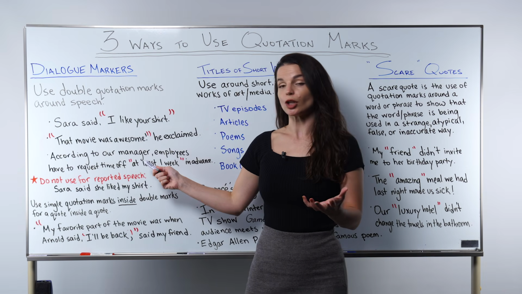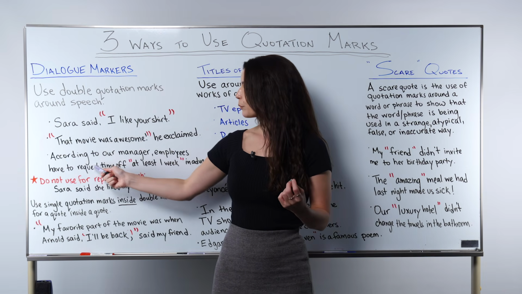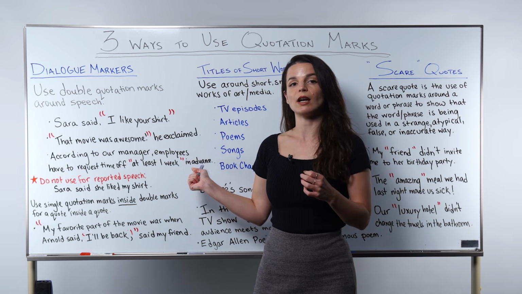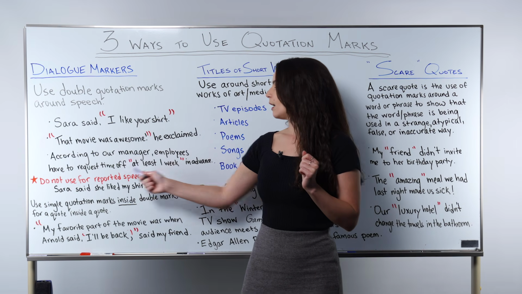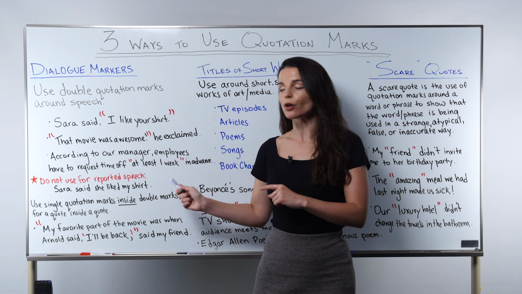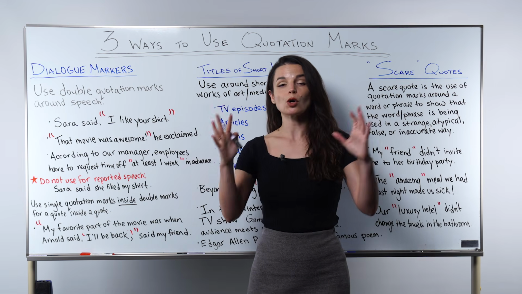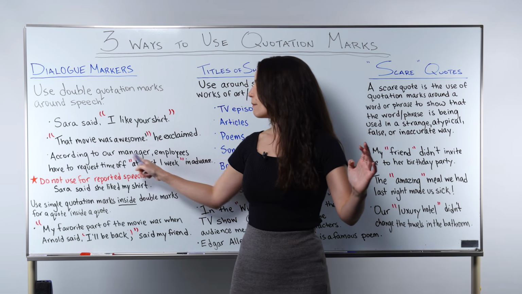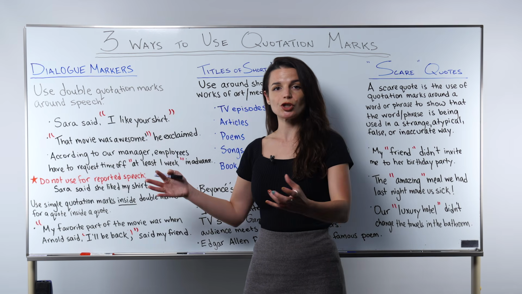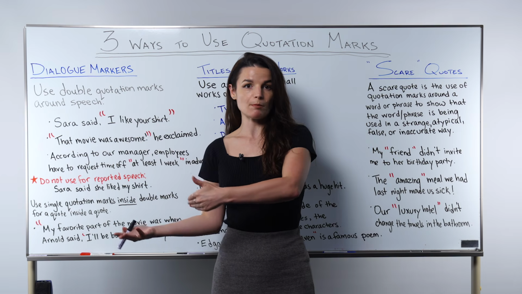According to our manager, employees have to request time off "at least 1 week in advance." So in this sentence, at least 1 week is in double quotation marks. This shows this is a direct quote from the manager. So this sentence begins with "according to our manager," which shows this information comes from our manager.